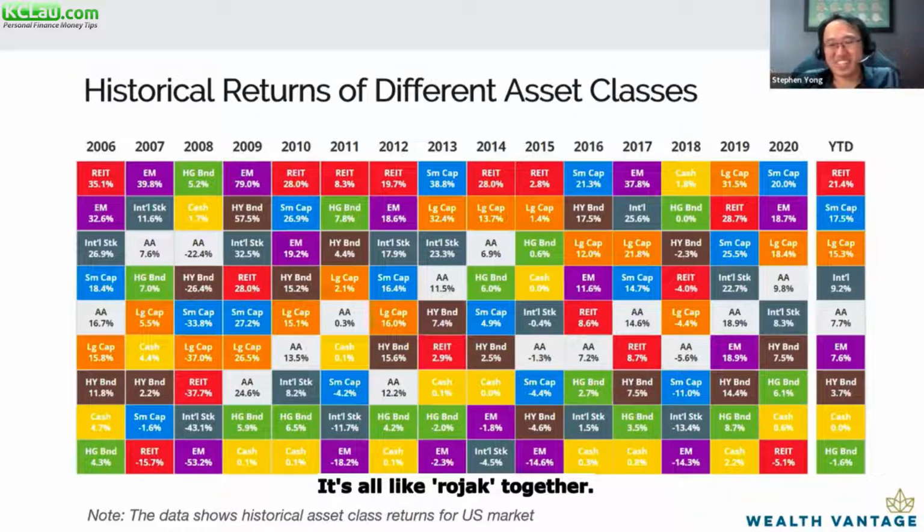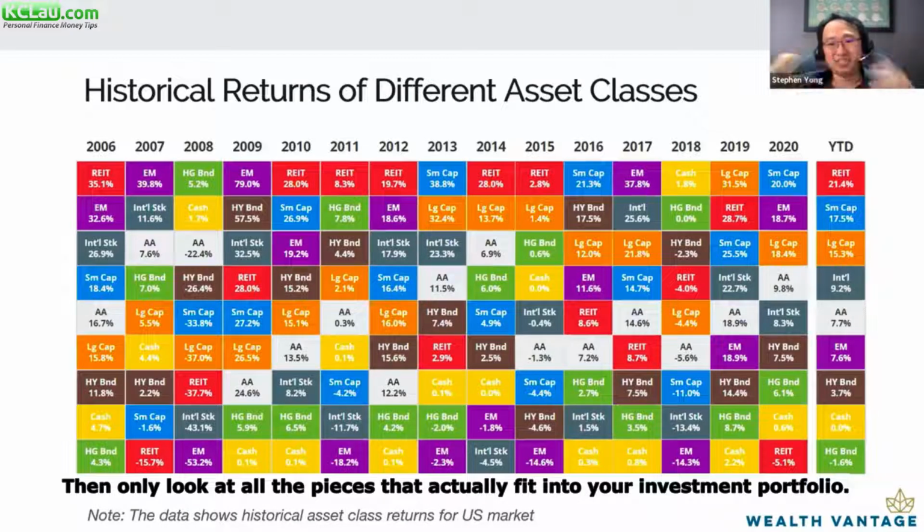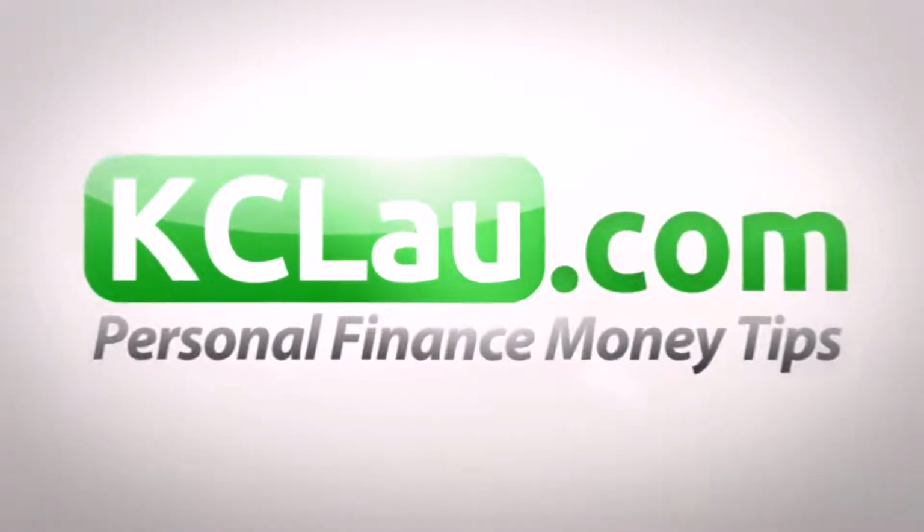It's all like rojak together, when ideally what you should have is that perfect investment plan, how your asset allocation should be, how you should be diversified. Then only look at all the pieces to fit into your investment portfolio.